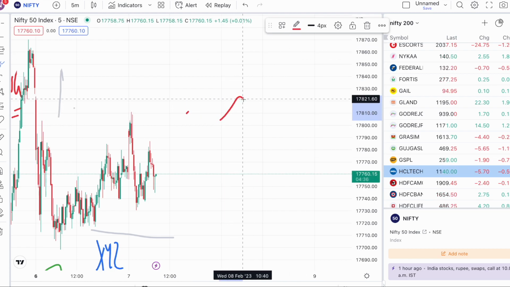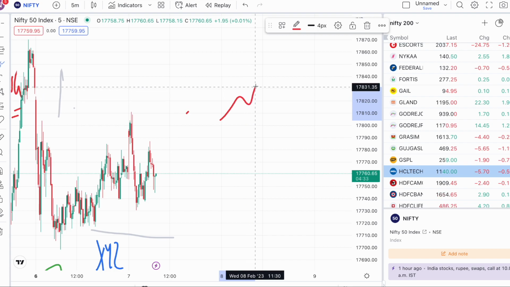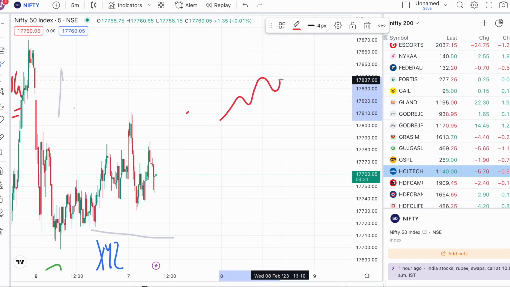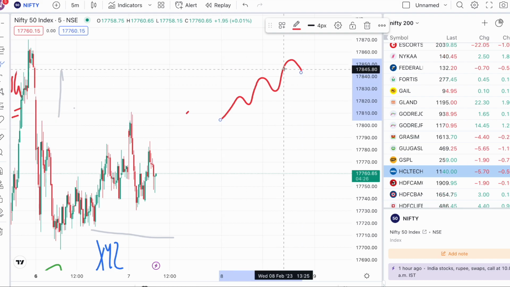Impulsive move, reactive move, impulsive move, reactive move, impulsive move, reactive move. This is when the green king wins, or the green king is stronger.